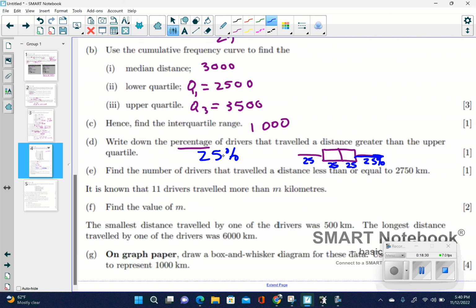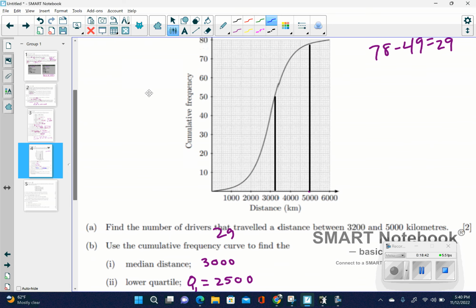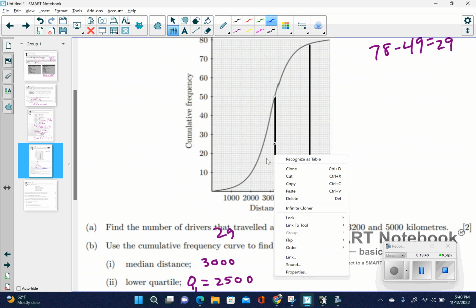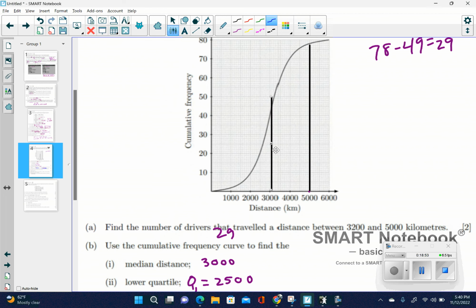Find the number of drivers that traveled a distance less than or equal to 2,750. So we're looking at 2,750 on our x-axis. I'm going to go ahead and estimate where that's going to be about. That's about 3,000.